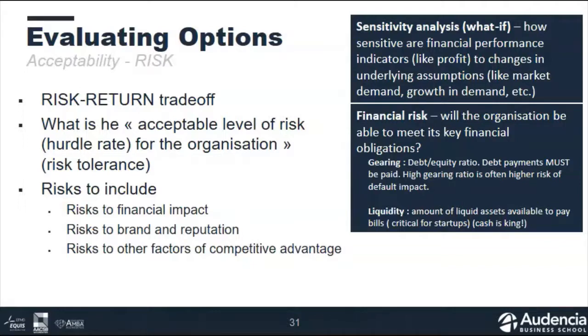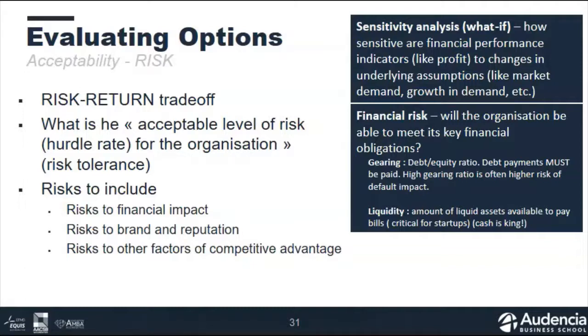Well, there's two good indicators here of financial risk. The first is what we'll call gearing. It's the amount of debt the company has relative to its equity, or the debt-equity ratio. Now, why is this important? Because debt payments are mandatory. If you take a loan, you have to pay a certain amount every month.